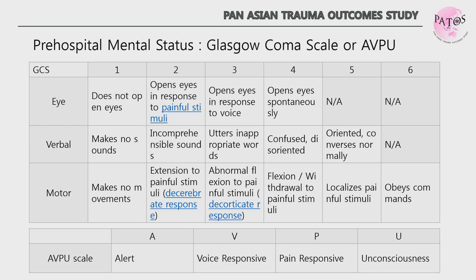ABPU, on the other hand, evaluates mental status in 4 types: alert, voice responsive, pain responsive, and unconscious. If you have information on both types of measurement, then we ask you to give preference to GCS over ABPU. Otherwise, you may record either GCS or ABPU, whichever is available on the chart.